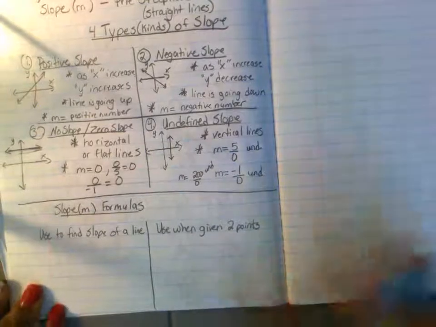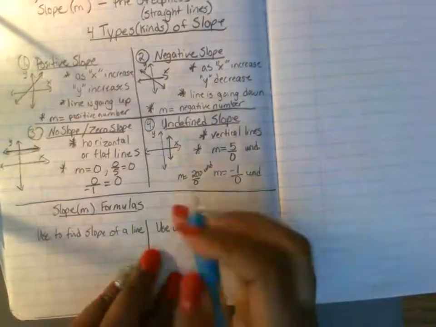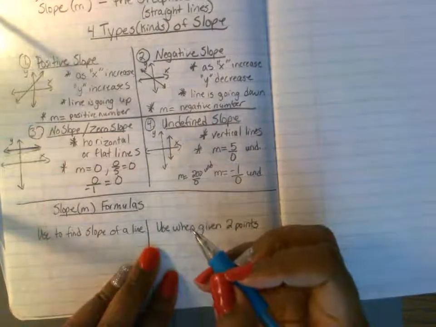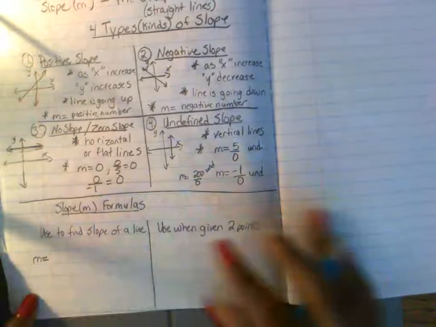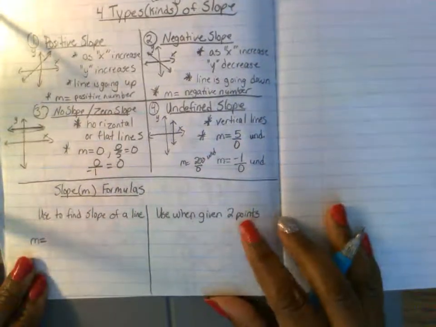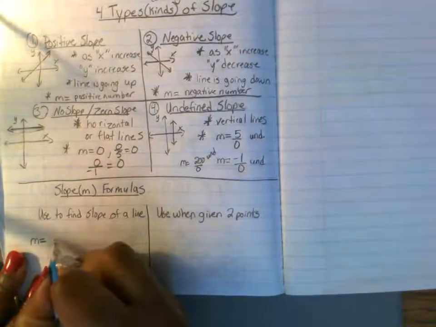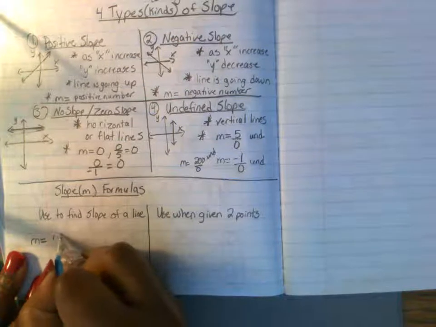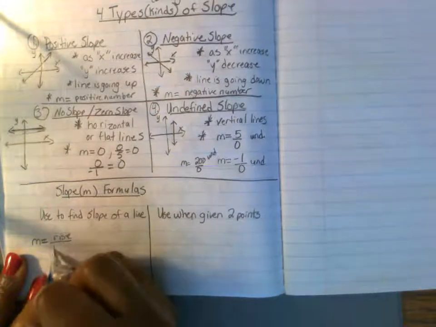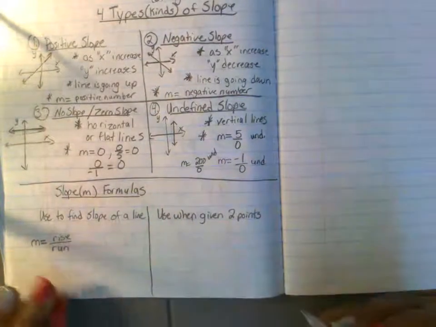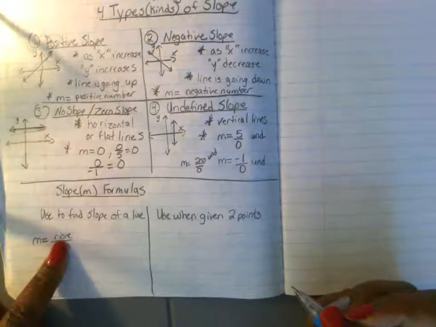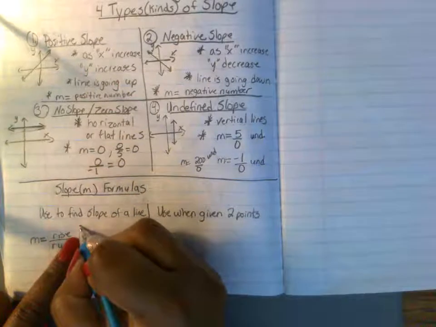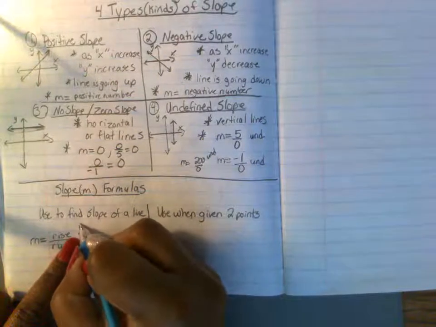Use when given 2 points. Okay. All right. So this formula looks like this. This is the one that we're going to use today. Rise over run. M is equal to rise over run. And some of you might remember this from last year. Your rise is how far you go up or down to get to the next point.